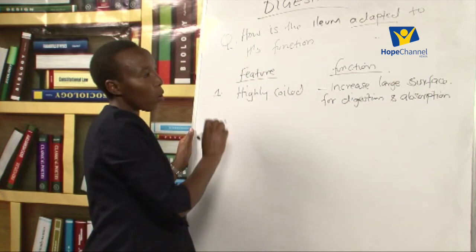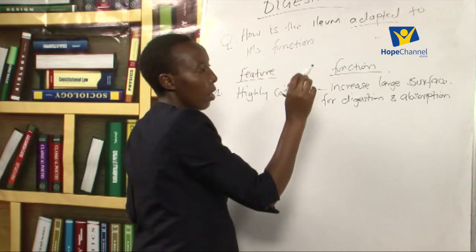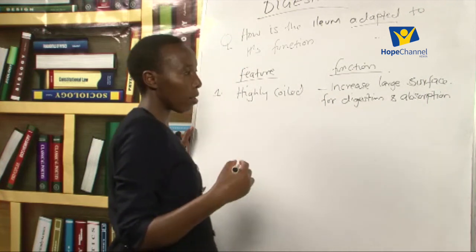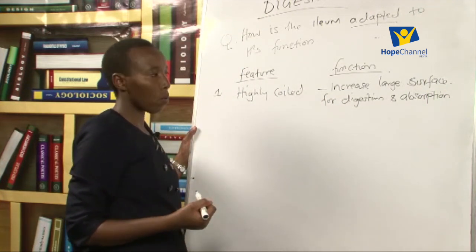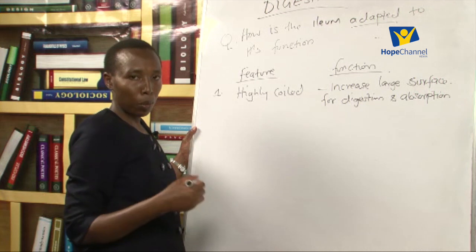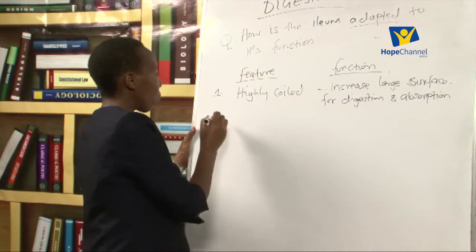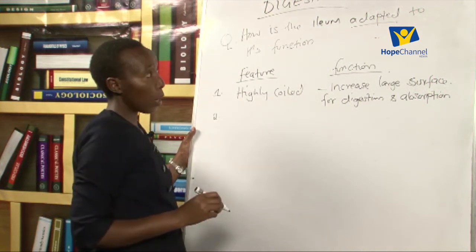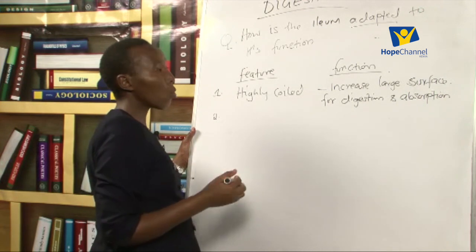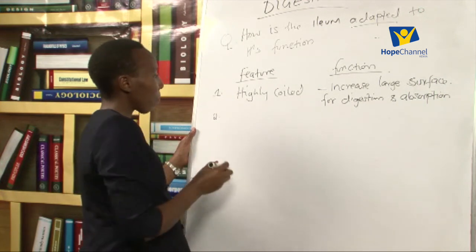It is highly coiled to increase the large surface area that is required during the process of digestion and absorption. That is the first feature of the ileum that makes it suitable to do the two functions.